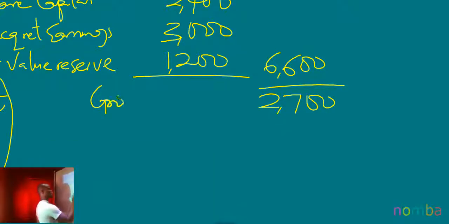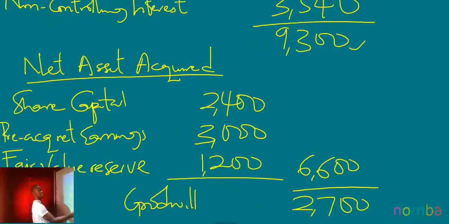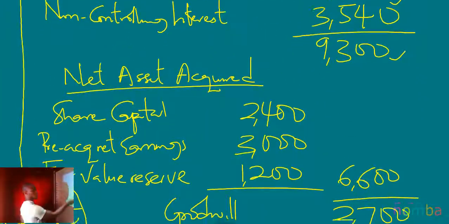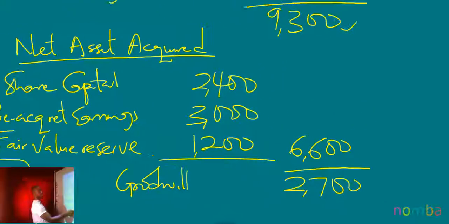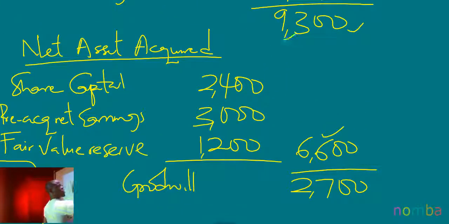And it is a goodwill because the amount paid by the parent and the non-controlling interest was higher than the net assets acquired. If the net asset acquired of 6,600 was higher, then we would have had a gain on bargain purchase. But in this case, it is a goodwill.